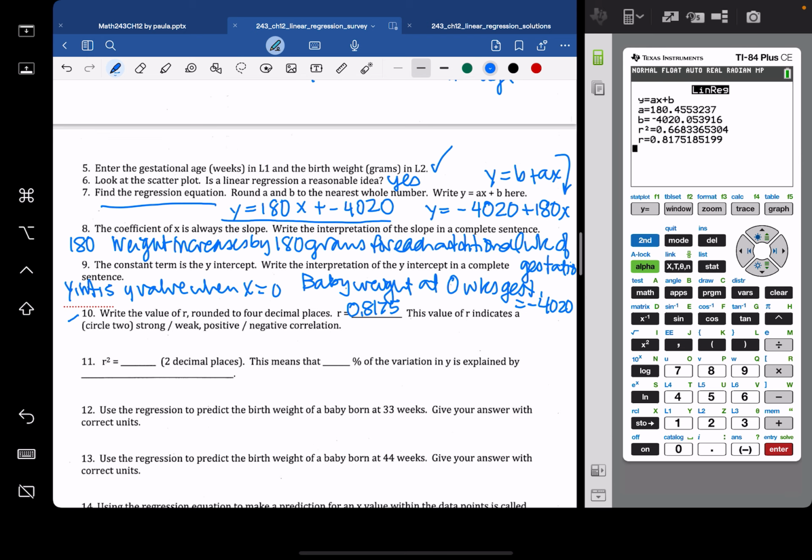And this indicates a pretty strong positive correlation. Now r squared is 0.67, and this means that 67% of the variation in y, or in baby weight, is explained by gestational age, x.